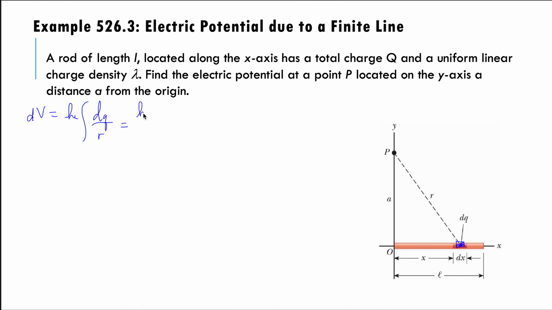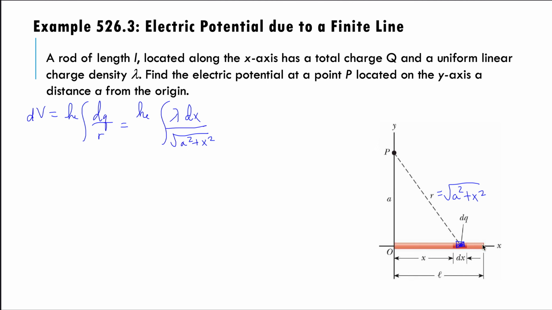And then we can make our usual substitution that dq is lambda dx. And for r, using the Pythagorean theorem, it's equal to the square root of a squared plus x squared.